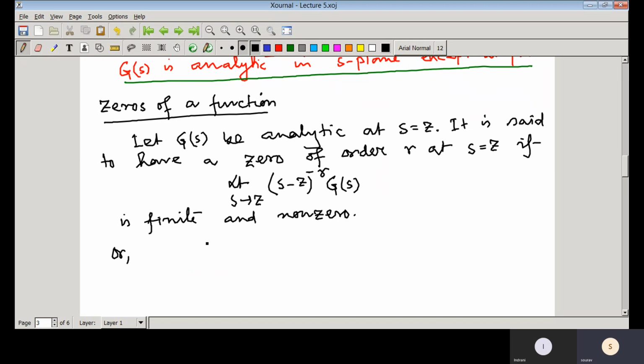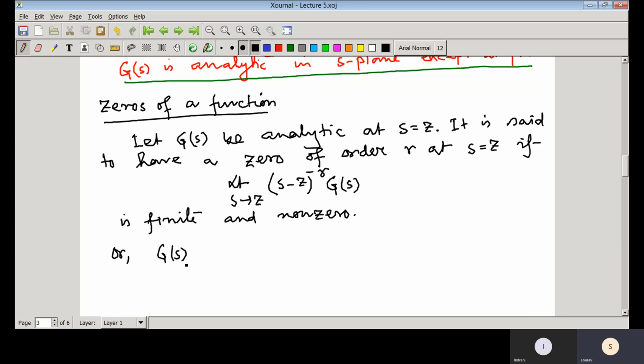Or simply we can say that G(s) has a zero of order r at s equal to z if 1 by G(s), just taking the reciprocal of that function, has an rth order pole at s equal to z.